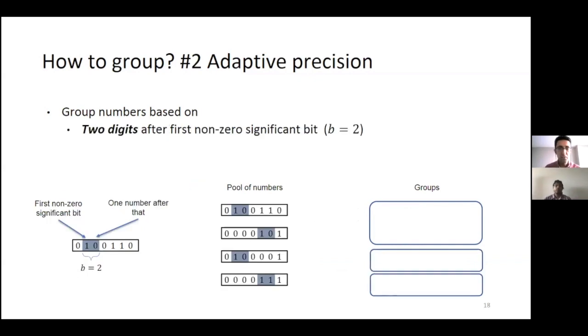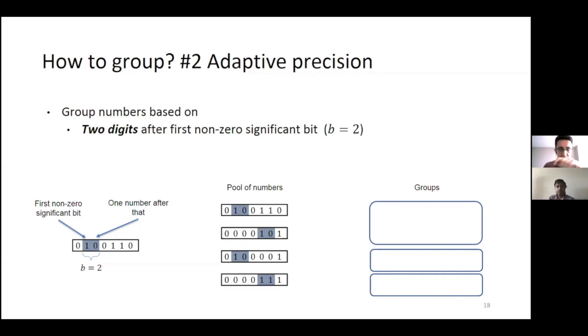But we don't have to be limited to just the first non-zero significant bit. We can also consider any number of digits after that first non-zero significant bit. In this example, I'm also considering one number after that, so I'm going to match on 1 0, and every other number that has 1 0 in the same position will be in the same group.